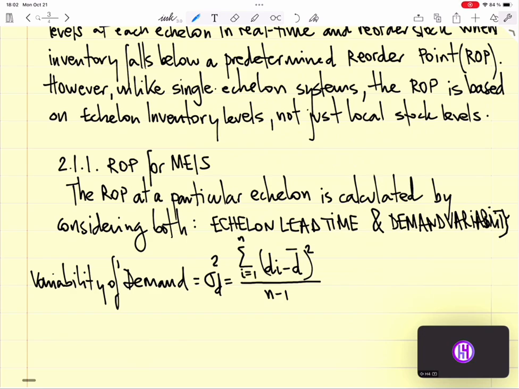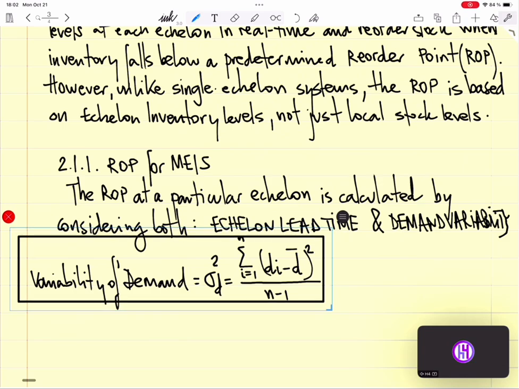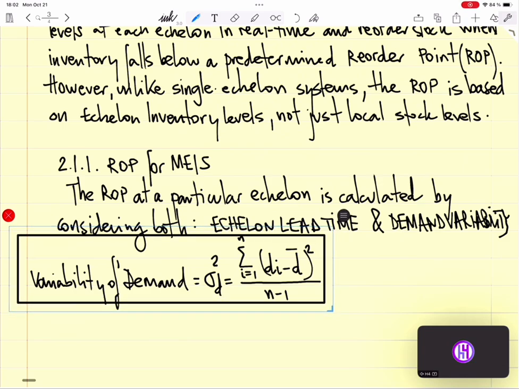This is just a reminder from your statistics class, okay? This is the variance, or the square root, the standard deviation. This is how we measure variability.